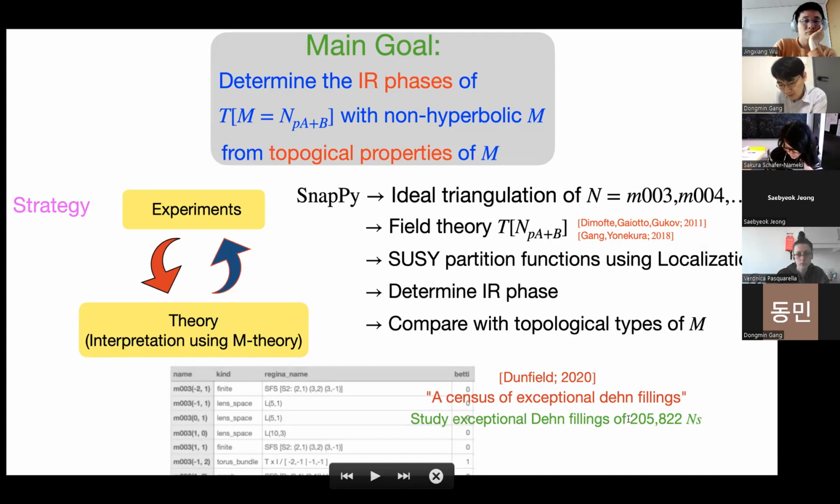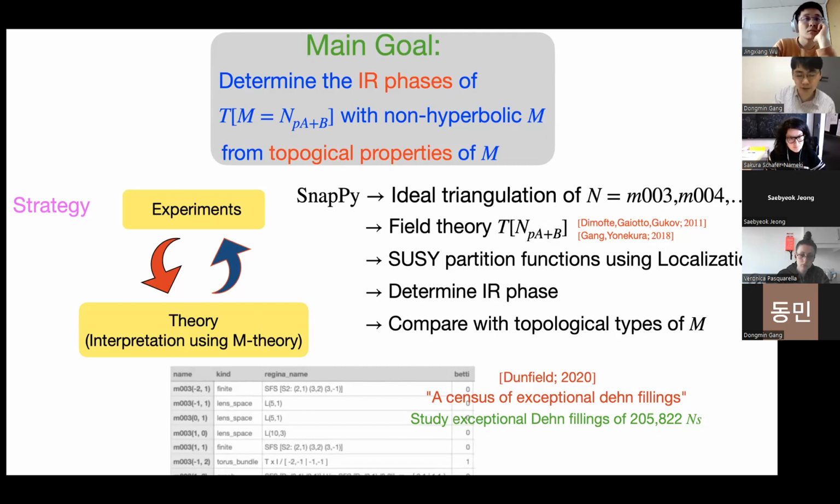They studied a huge number of these cases, and they classified all the exceptional dumping, and they also give what the resulting three-manifold is after exceptional dumping. So for example, if we do the exceptional dumping for M003 with this coefficient, then we get this kind of manifold, and in this case we get this kind of manifold. So using SnapPy and this mathematical program, we can do these kinds of experiments.